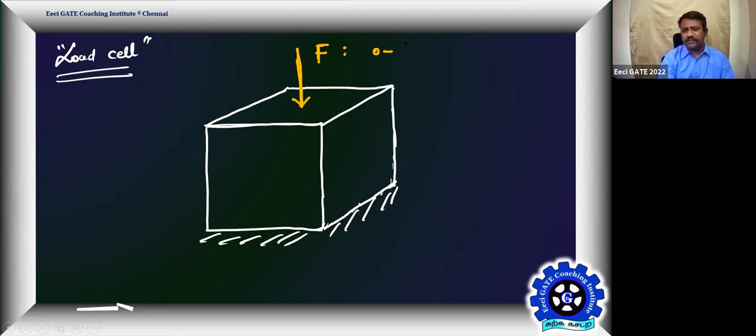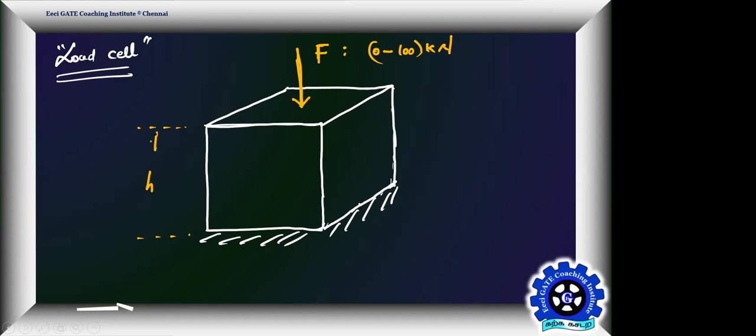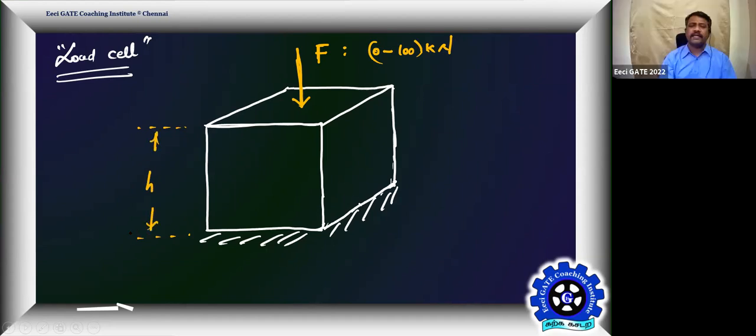Say, for example, I'm going to apply 100 kilonewtons of force on this load cell. What's the geometry? Let me call this the length or height. Let me take it as a height. So this is height.